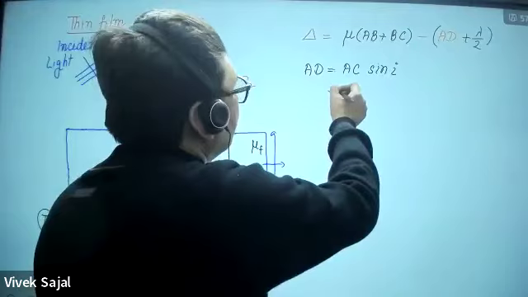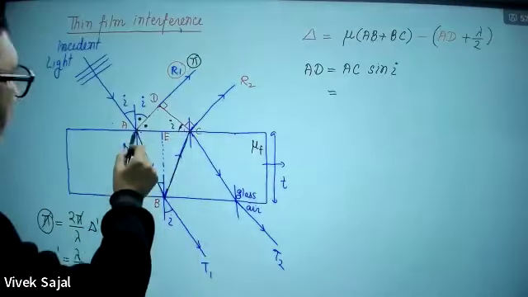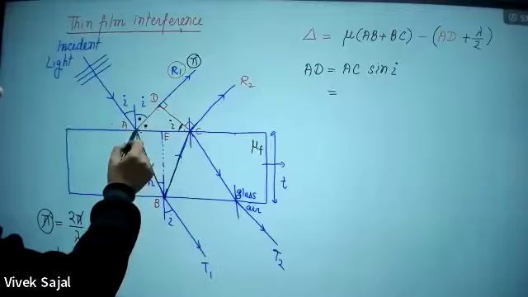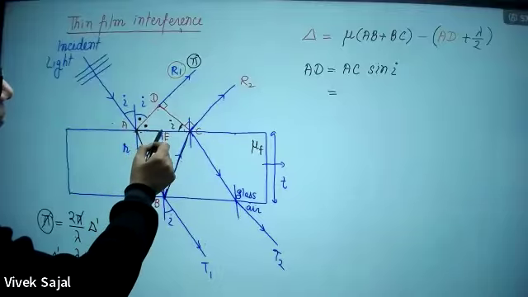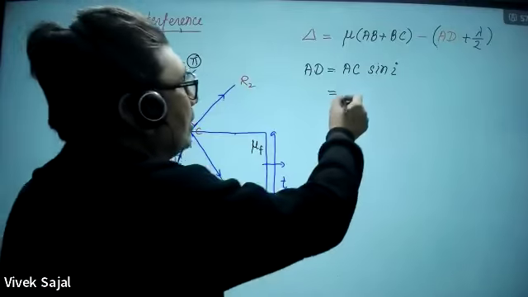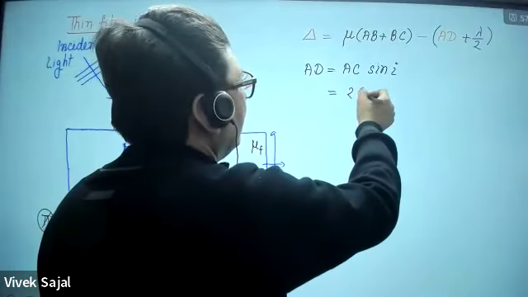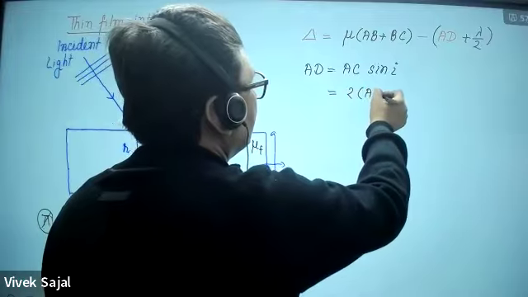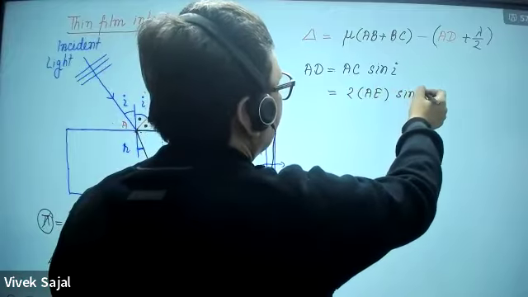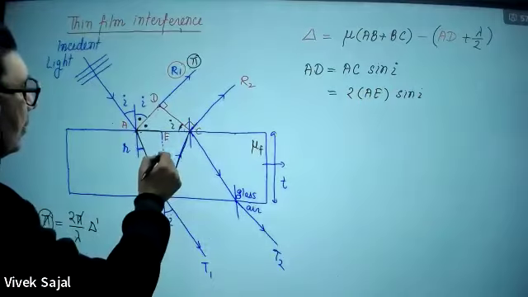Now what will be AC? Look at AC. This AE will be equal to EC, so I can write it as 2AE into sin I. Now I know the thickness.